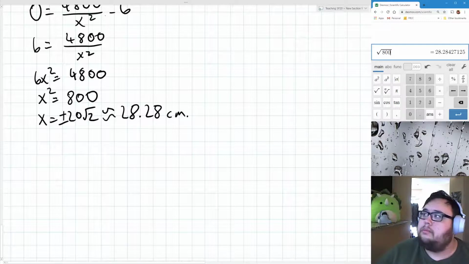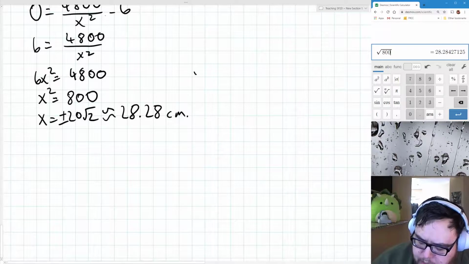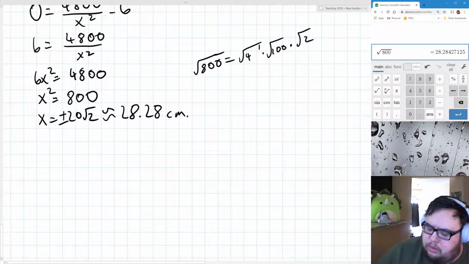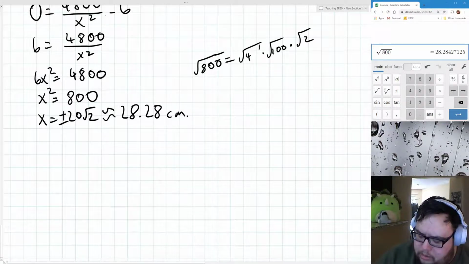Wait, how did x squared equals 800 become x equals plus or minus 20 square root of 2? So the square root of 800 is the square root of 4 times the square root of 100 times the square root of 2. 4 times 100 times 2 is 800.